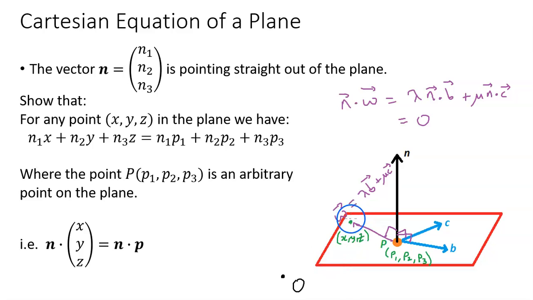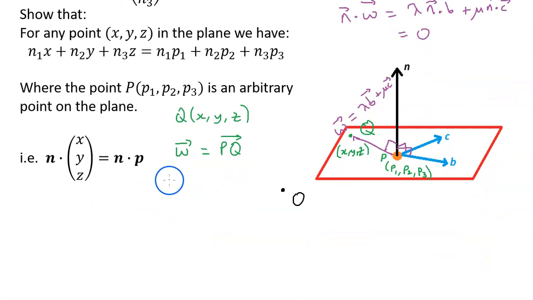And so that means that this vector W, which goes from the point P to this arbitrary point here, let's call it Q, so Q has coordinates x, y, z. The vector W is equal to PQ, which is equal to OQ minus OP.